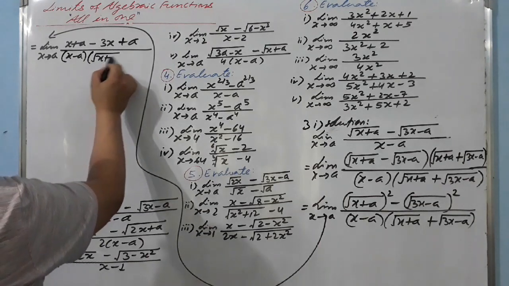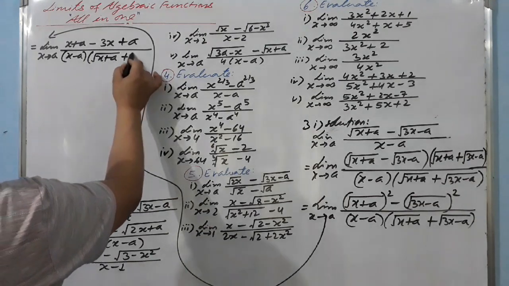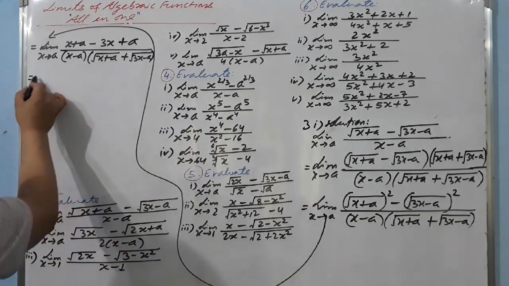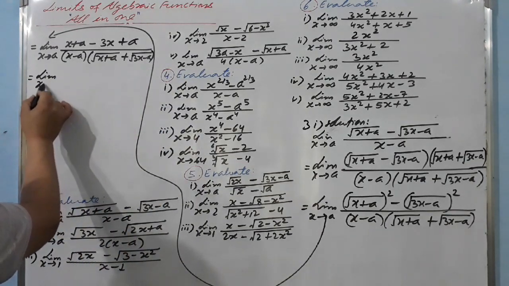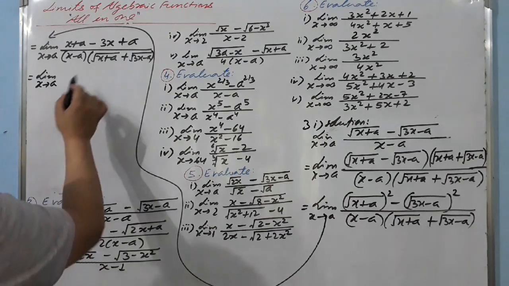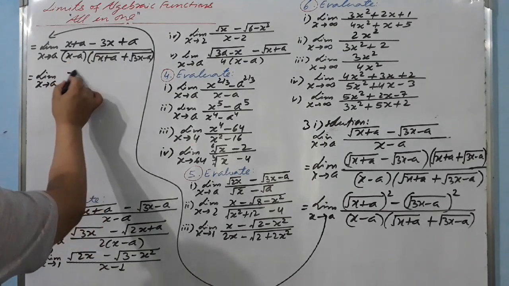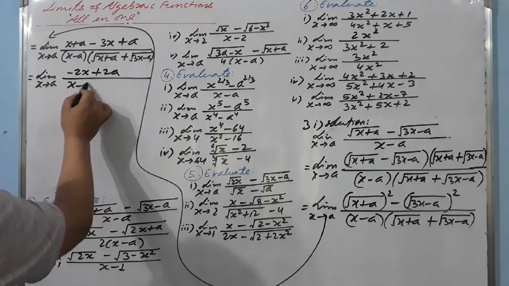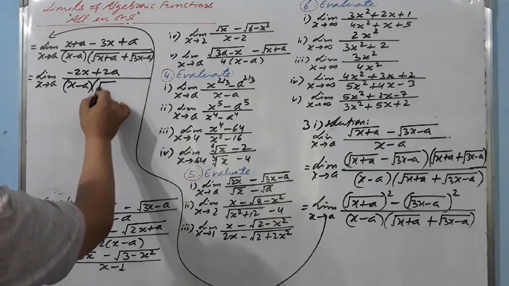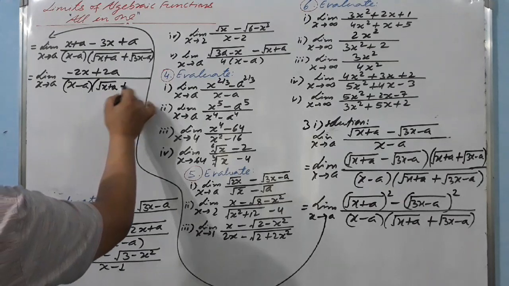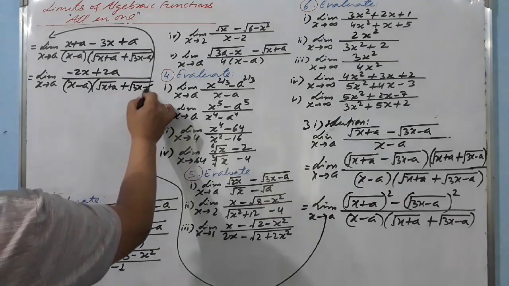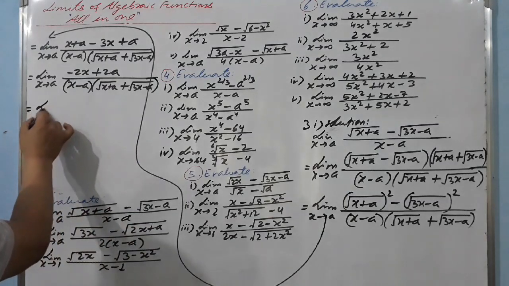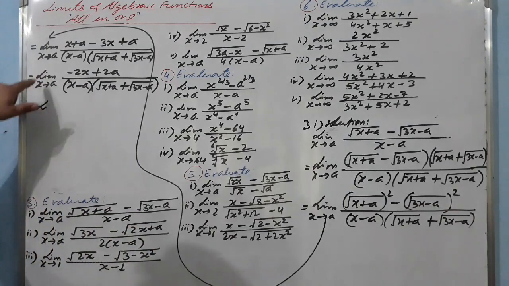Same, root of x plus a plus root of 3x minus a is equal to the limit as x tends to a. You are going to get here minus 2x plus 2a over x minus a, and here root x plus a plus root 3x minus a, bracket close. As I have written, exactly the same way.